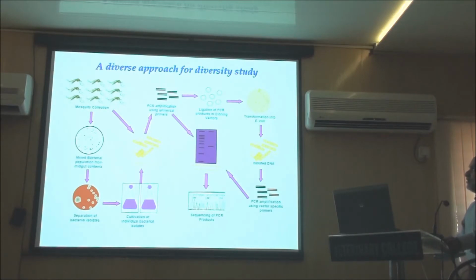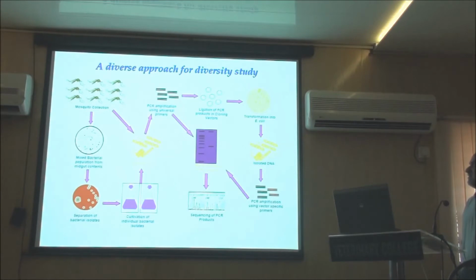So in order to get a sequence, you clone them in a suitable vector, and then once you get the clones, you sequence these clones, and the sequence of each individual clone would help you in identification of the corresponding organism, and thus you can arrive at the microbial community structure of a given environment.